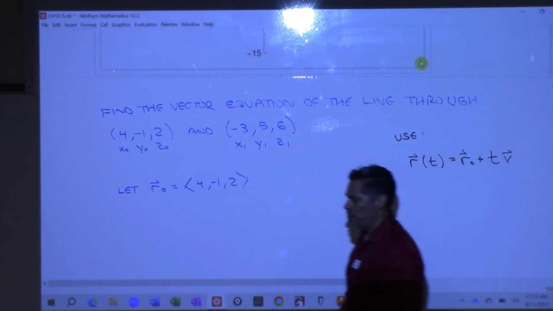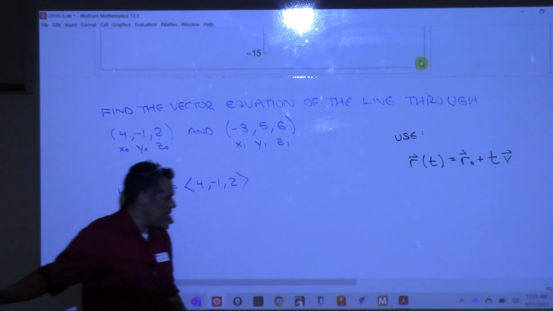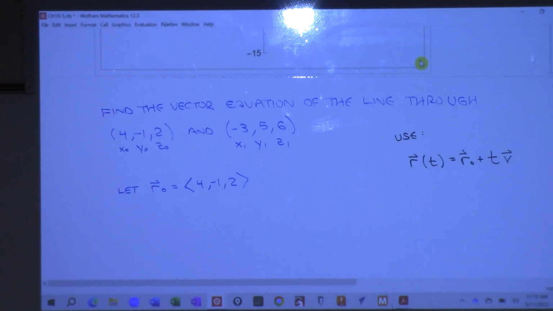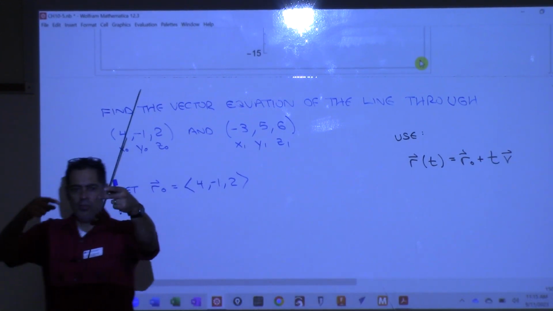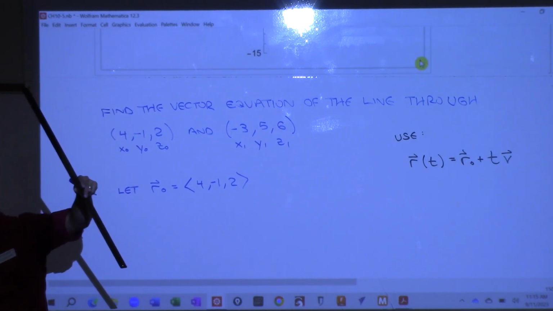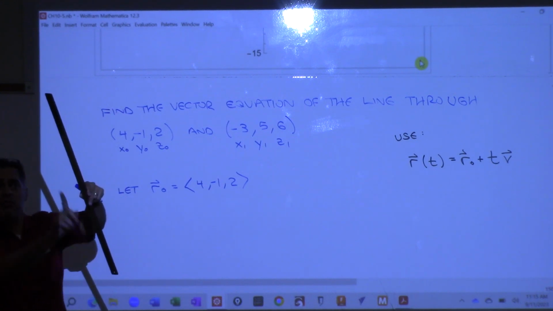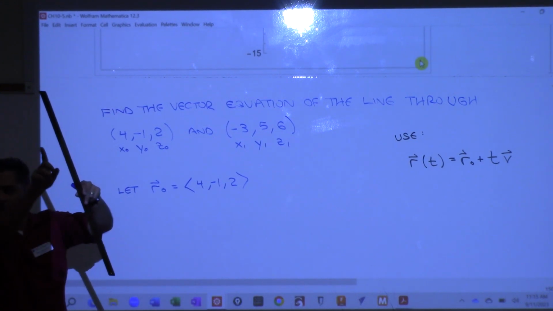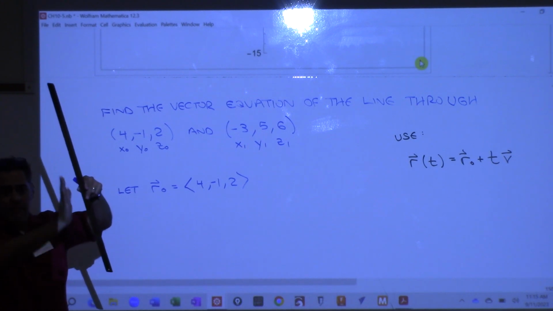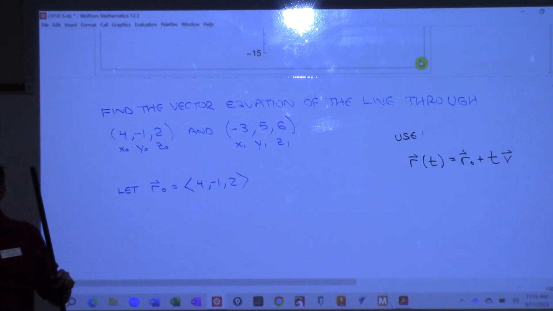So what we've done is we've created, I want to be able to show this to you geometrically. We have this line sitting in space, right? 2 points that go through this line. What I've done is I've created the vector that goes from the origin to one of those points. Now what I need is a direction vector, a vector that basically is running parallel to this line. And then any combination I put together of those two vectors will be on that line.